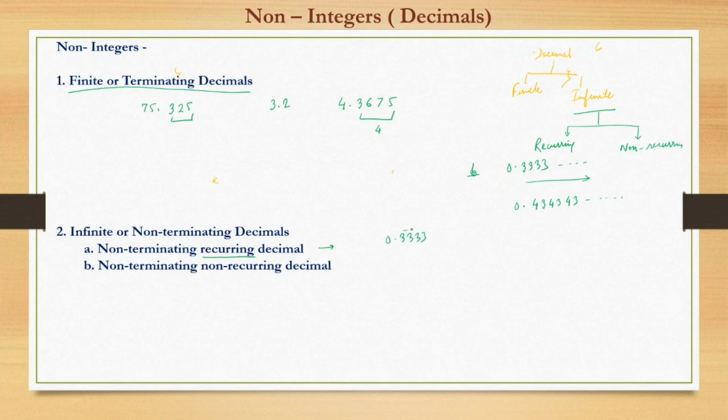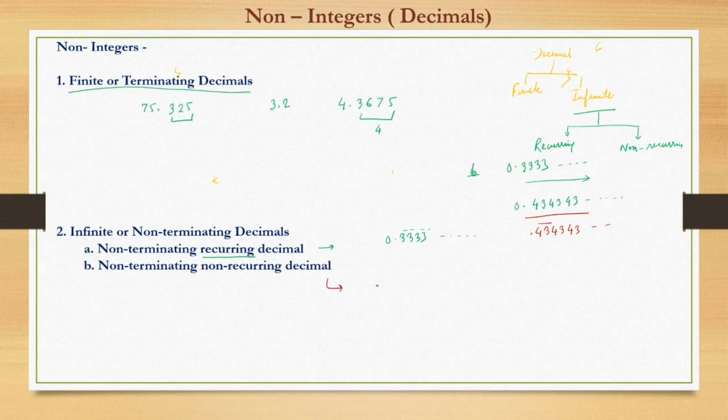The same digit 3 is repeating always, and it keeps on going. Similarly, another example, 0.434343, is also recurring. The same number 43 is repeating infinite times. So this is also a recurring decimal.